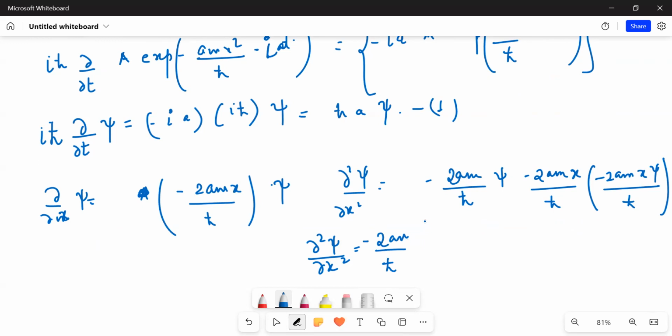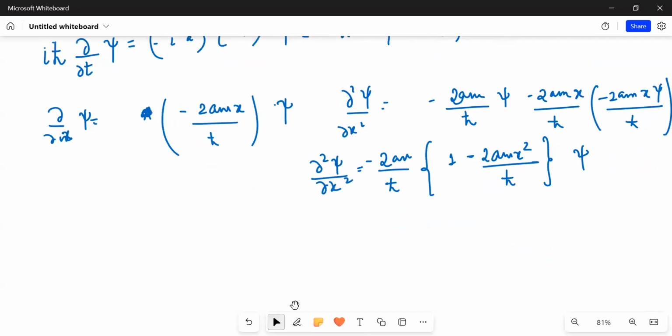Take a negative component. This would be 1 minus of this x square will remain there. So I'll write this 2am also will remain there. So this will be minus of 2am x square upon h cat. And then I'll take a psi.